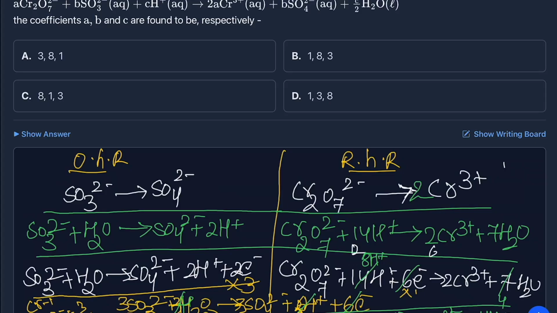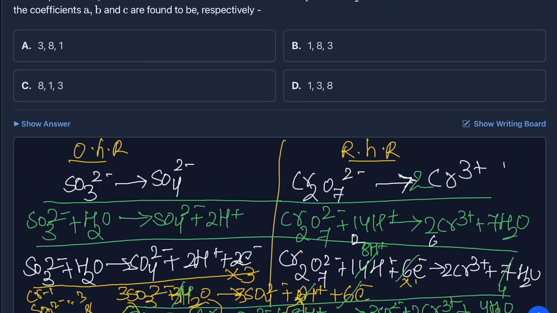So what is our answer? 138 will be our answer. 138 is shown in which option? D option: 1 Cr2O7 2- and 3 SO3 2- and 8 H+. So D is our correct option.